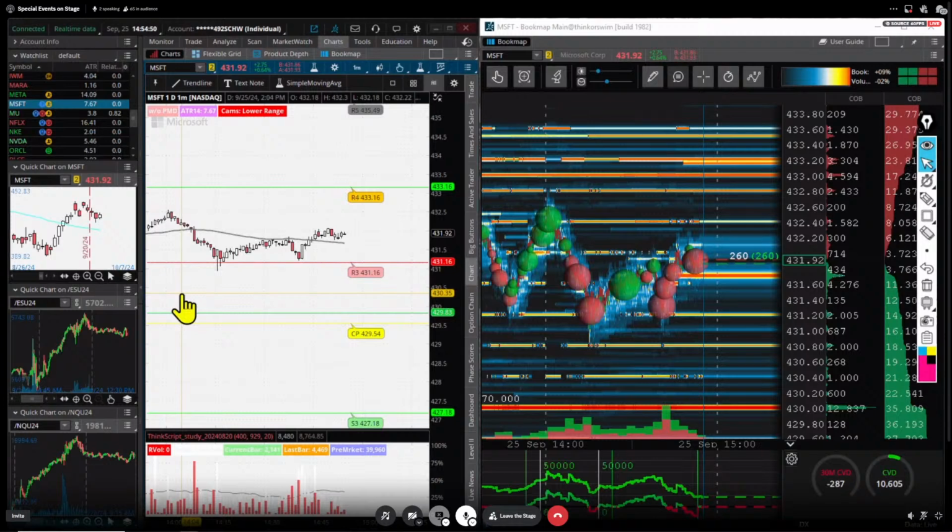I generically play micros that are related to the ES, to the SPY, the Qs, or I'll play crude, right? Gold, silver, basically just the major ones. Also, depending on the European market, you can play FTSE via futures, and some other things like that.